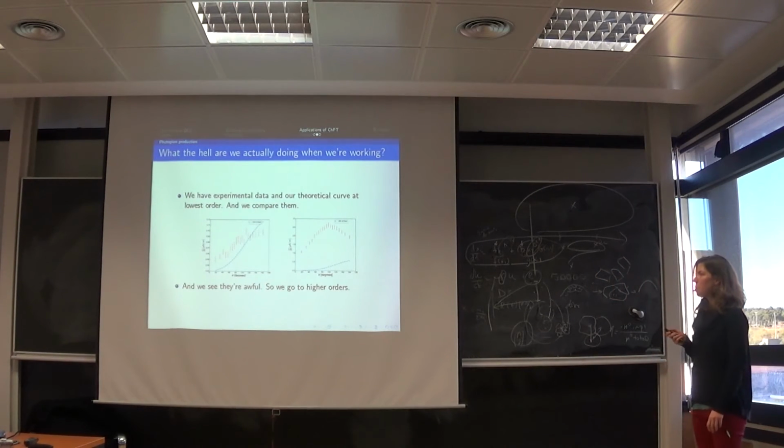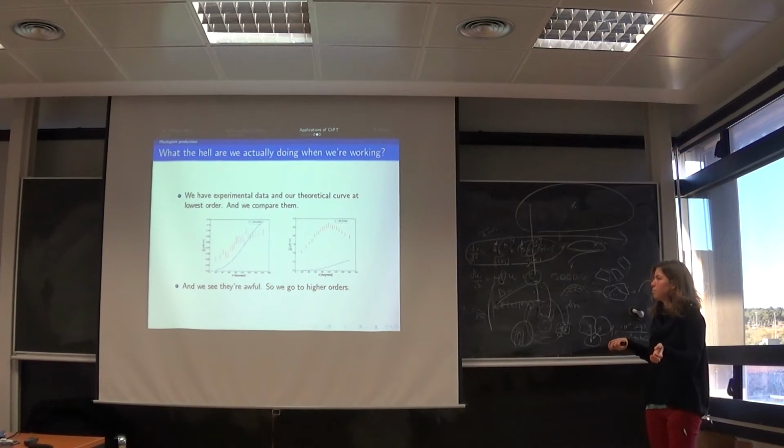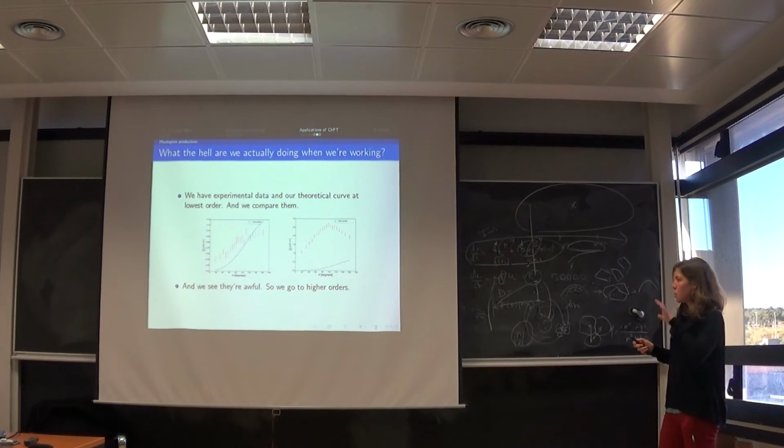And what we do every day then is we have our experimental data, which are these red dots with error bars, and we want to take our theory and see if it really describes what the experiment does. And since we're lazy, we first start at the lowest order, so only tree-level contributions, let's say, so no loop corrections and so on. And we overlap it with what the experiment said, and we see, okay, the results are terrible.